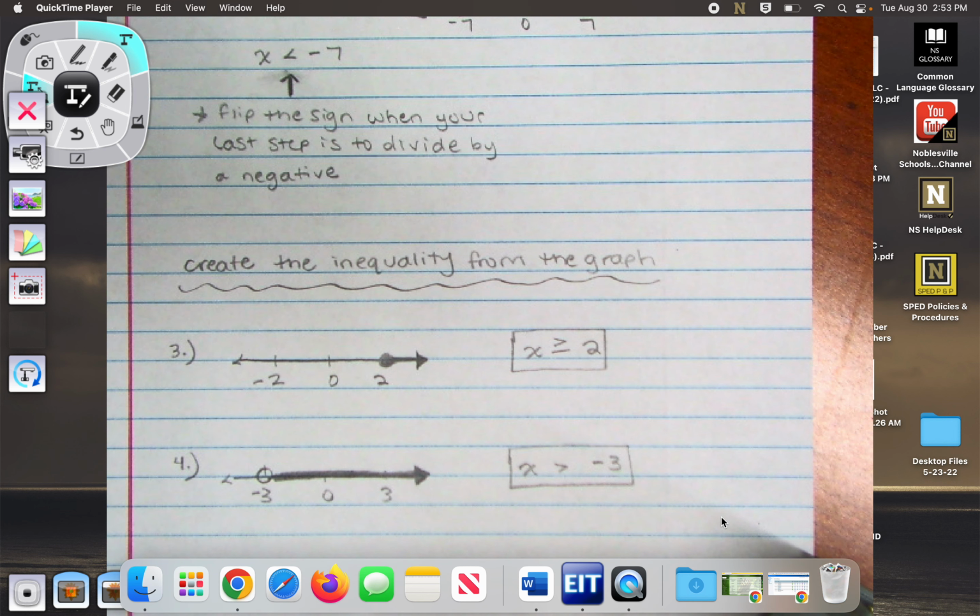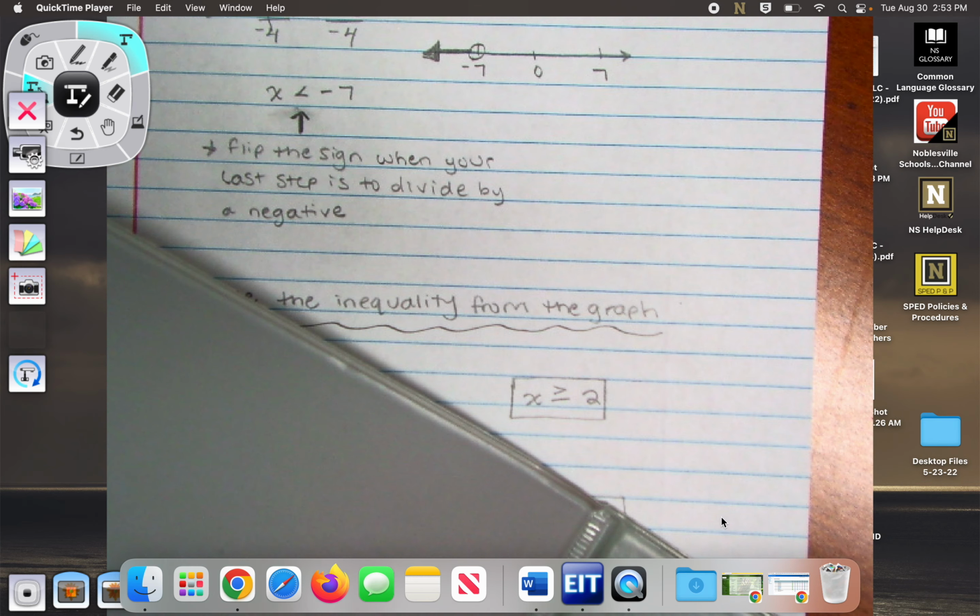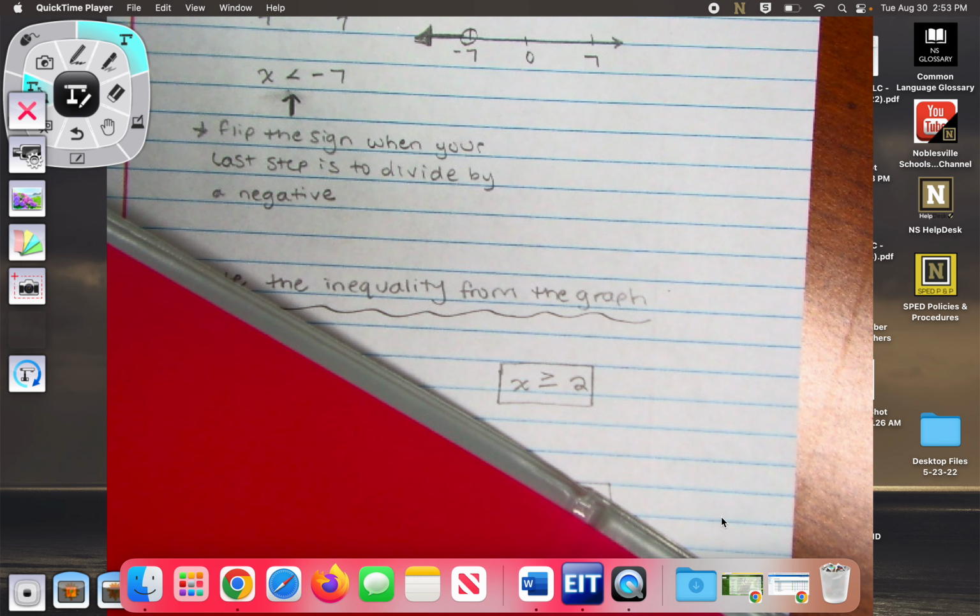It's not the same thing. You could say X could be -2, yes, but it's not only that, so you can't use that statement. Because you have to also include everything from -3 up. It could be like -3.1.